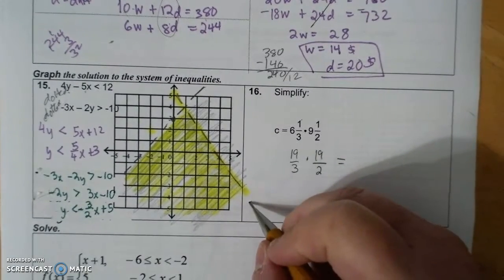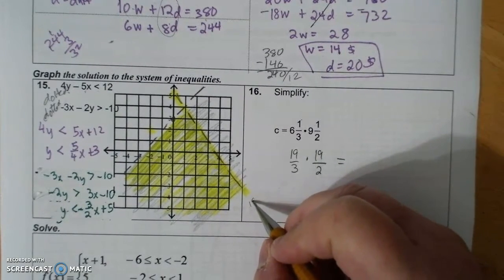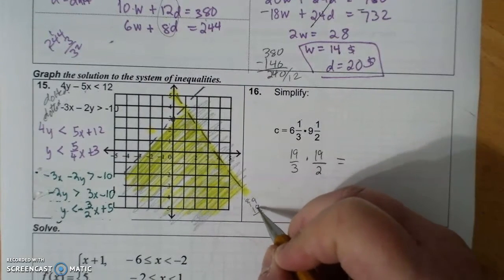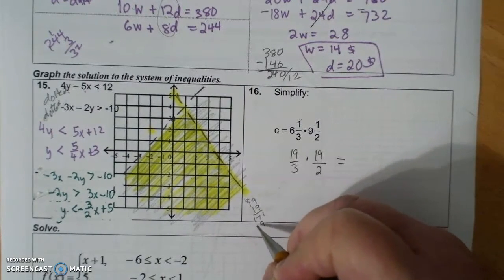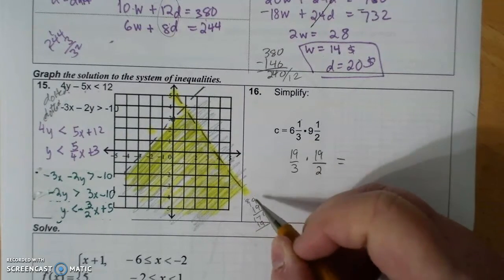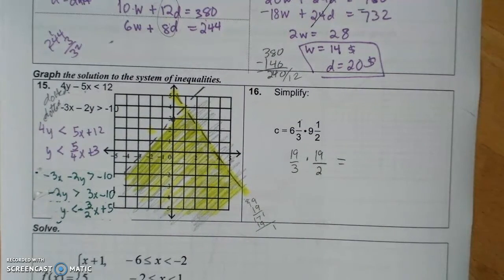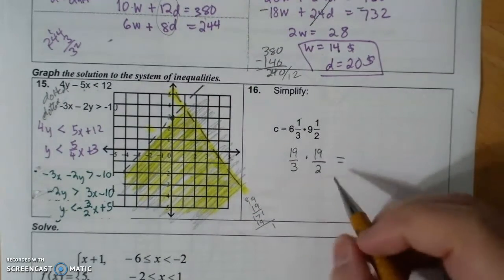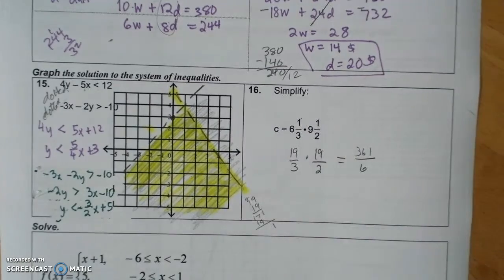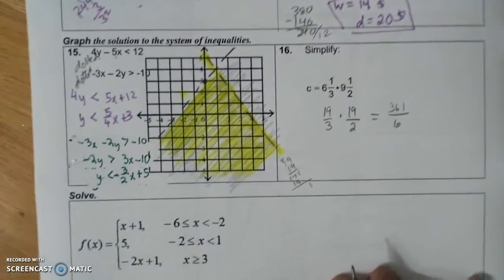I think it's 361, which is 361 over 6, and nothing crossed out, so that's fine.